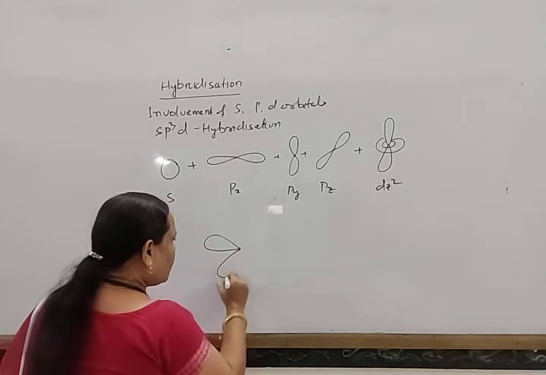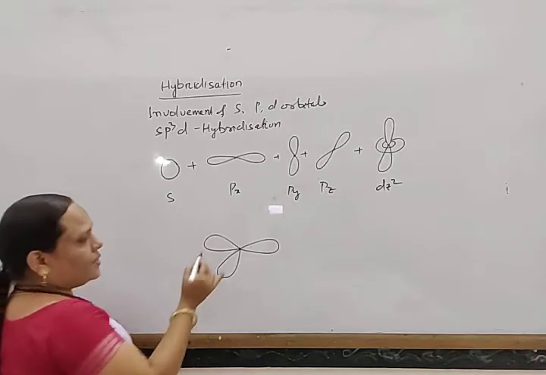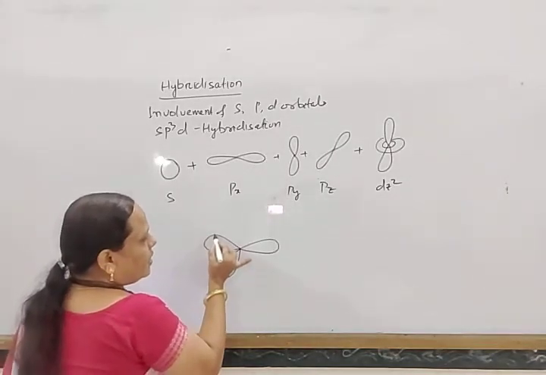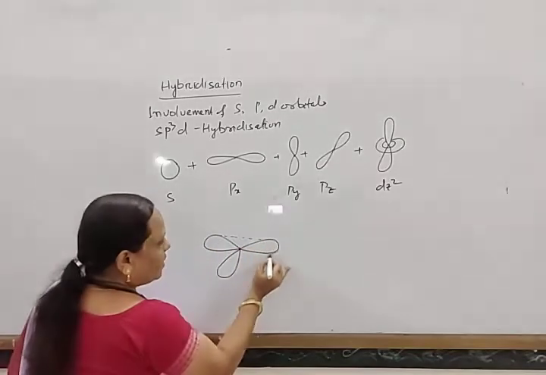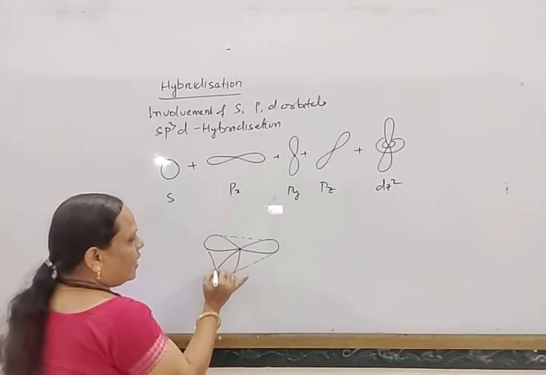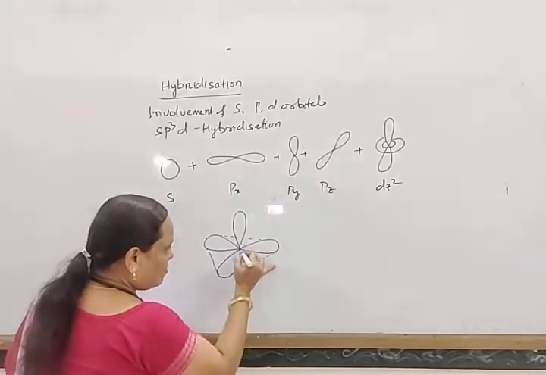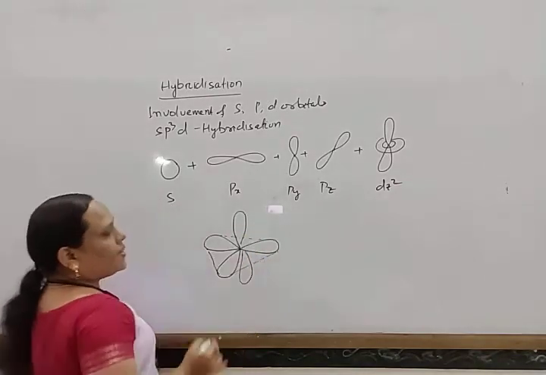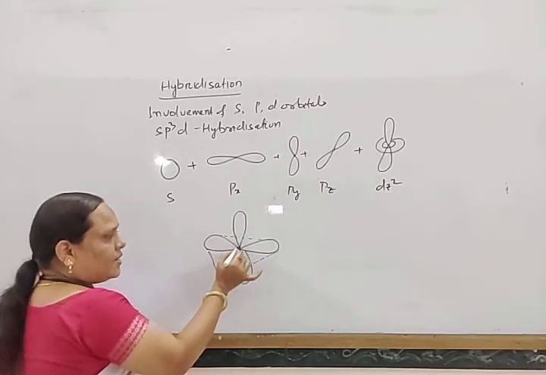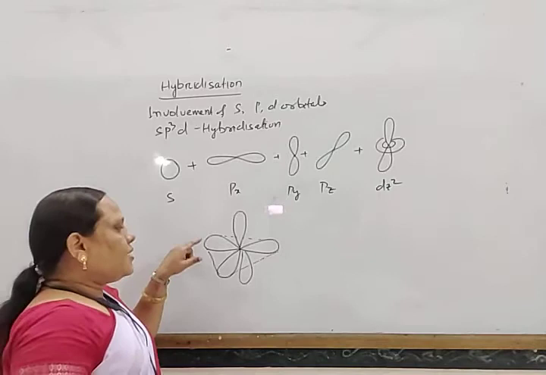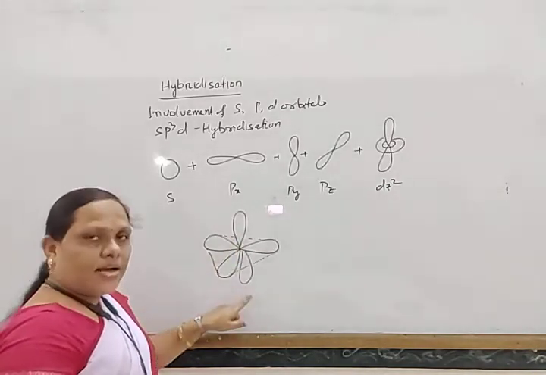Among them, 3 orbitals are directed towards the corners of an equilateral triangle, in the plane. Another 2 orbitals remain one above the plane and one below the plane. The orbitals in the plane are called equatorial hybrid orbitals, and the other two are called axial hybrid orbitals.